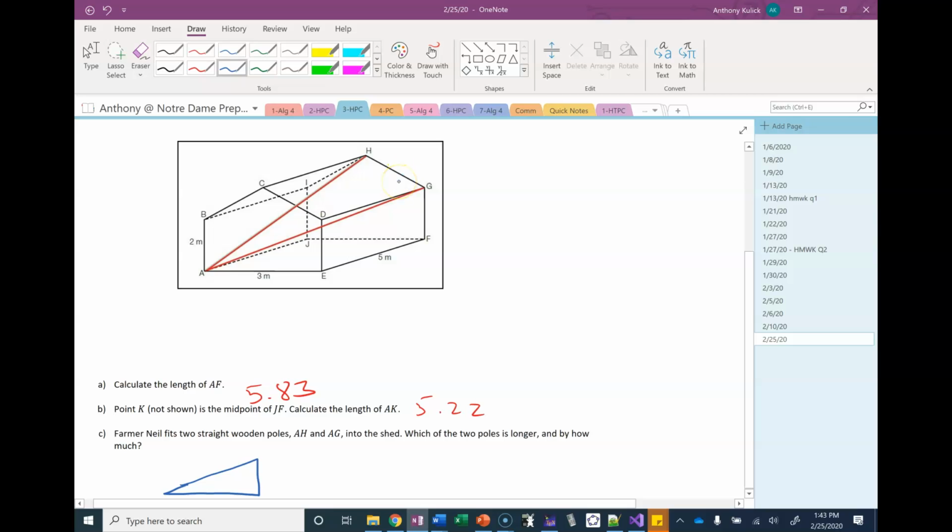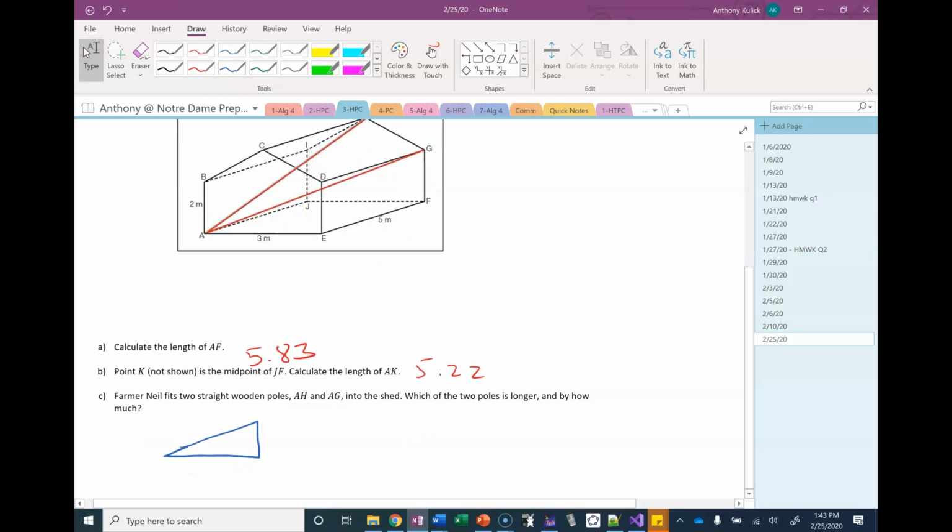I'm going to start with looking at AG. So there's my calculation triangle for AGF. You good with that, Caden? Okay. So GF is 2 because it's the same as BA. And I can find AF.